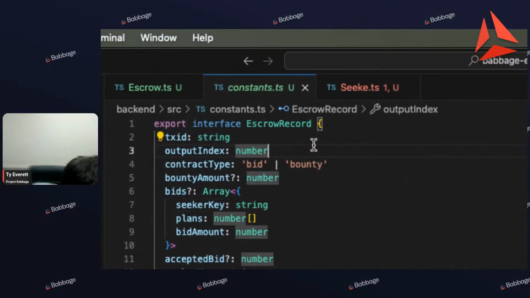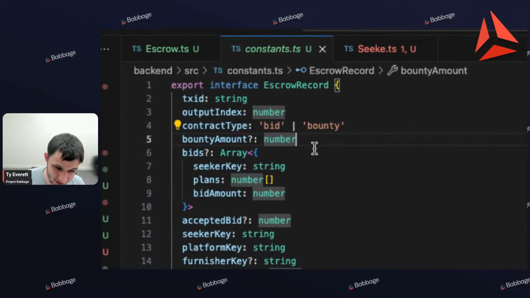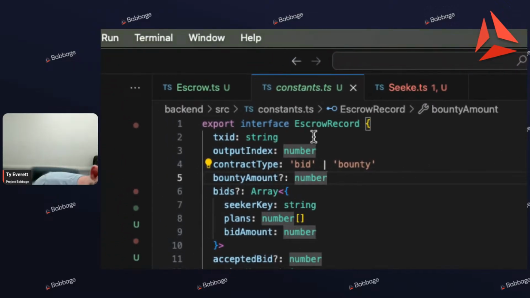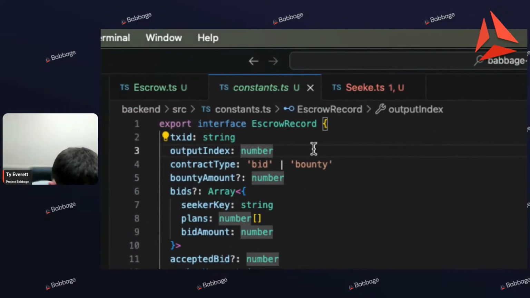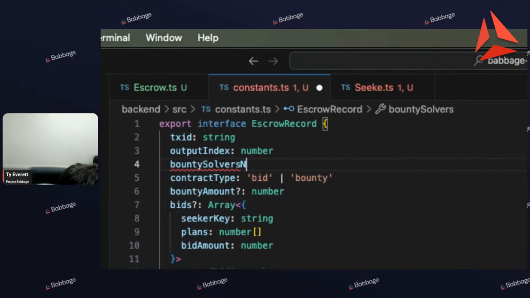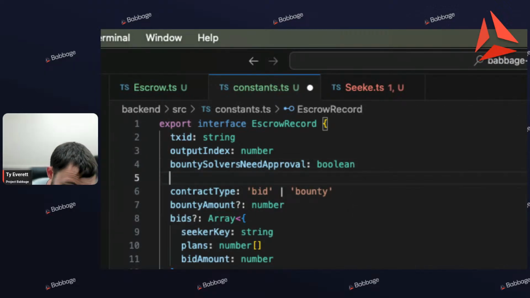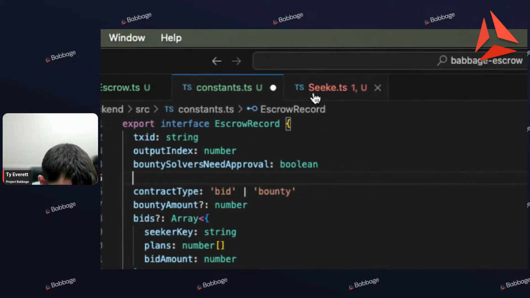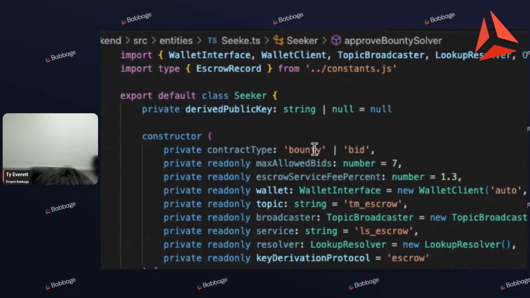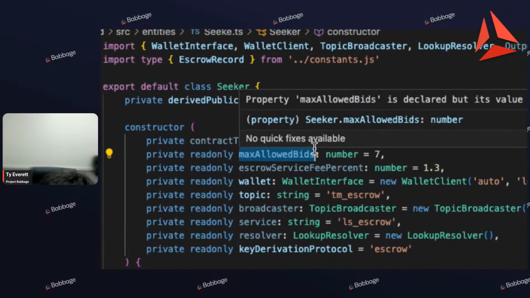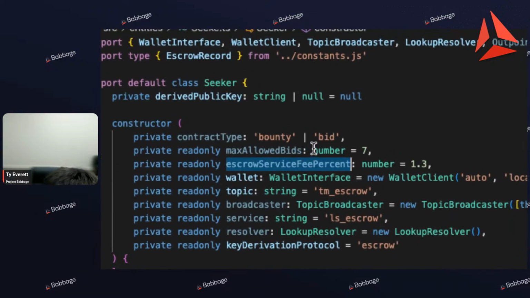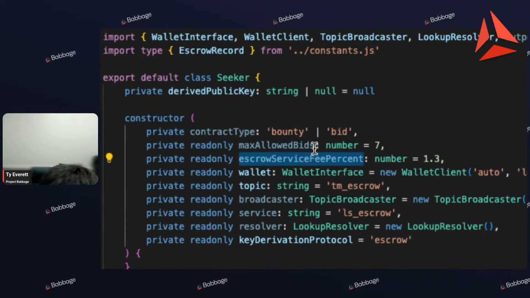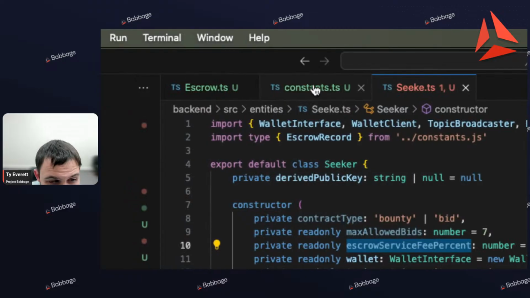So again, yeah, we figured out we needed a settings, right? We also know we need the escrow fee. Bounty solvers need approval. And then it was what? Service percentage? Oh, max allowed bids. Escrow service percent. Okay.